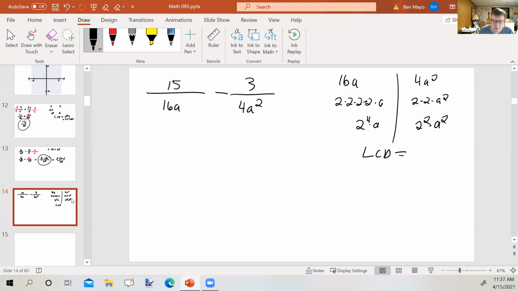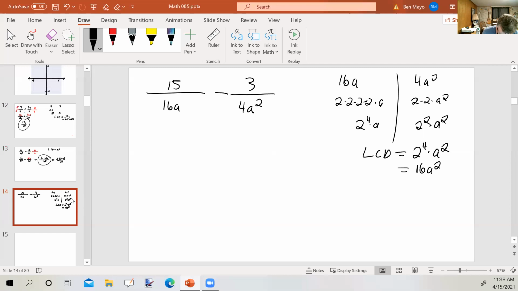So the least common denominator is the product of the highest power of each different prime factor within the different denominators. So my highest power of 2 is 2 to the 4th power. My highest power of a is a squared. 2 to the 4th power is 16, so my least common denominator is 16a squared.